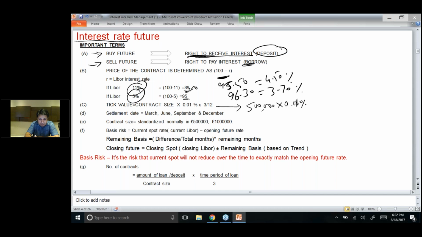Take its 10,000 part, it will be 50. Then multiply it with 3 by 12. It will be 12.50. Normally the settlement dates are March, June, September, December, with 3-month expiry. Contract sizes are normally 0.5 million, 1 million or 2 million.